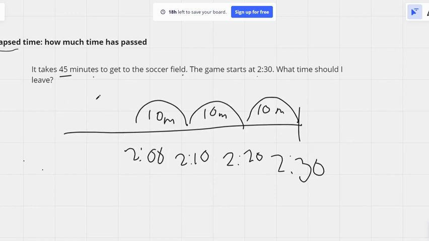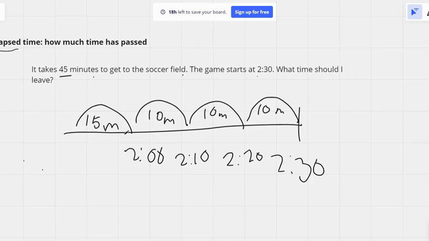And so far I've gone 30 and I need to go 45. So now let's see, 30 plus 15 is 45. So now I need to go back 15 more. So now I'm thinking, okay, so from 2 o'clock, and I could even split this up smaller.